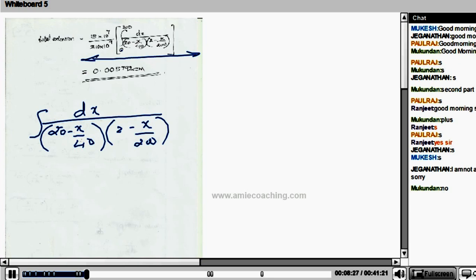By means of normal integration we can proceed with ln, and here I am going to perform it by means of a calculator. Let me take the calculator. All of you please take the scientific calculator.